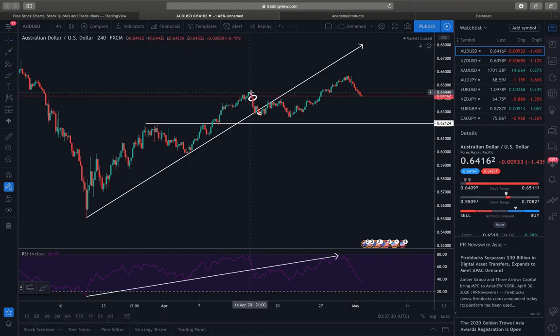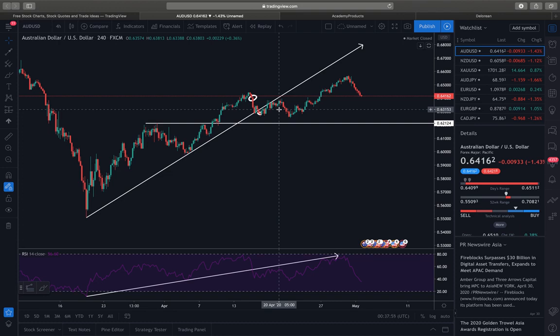So granted, we were way above the trend line from the candles on the chart, visually we're up here. But on the RSI, we're cracking down and starting to test it and break it. It's foreshadowing that we may see a little bit of pressure coming in the opposite direction.